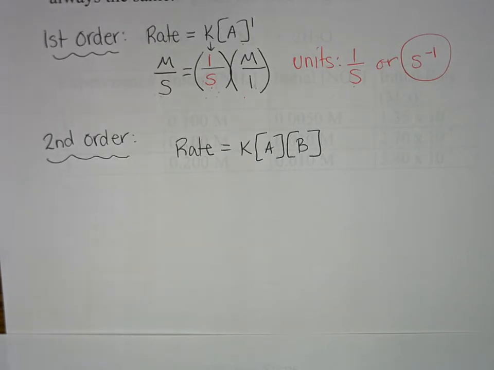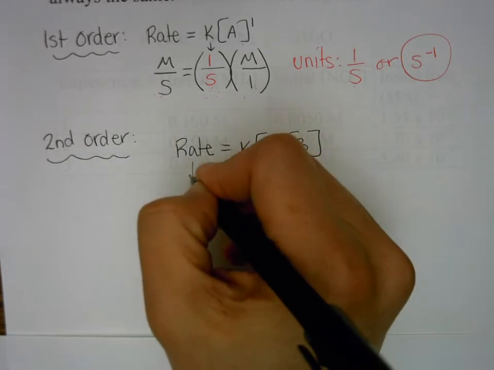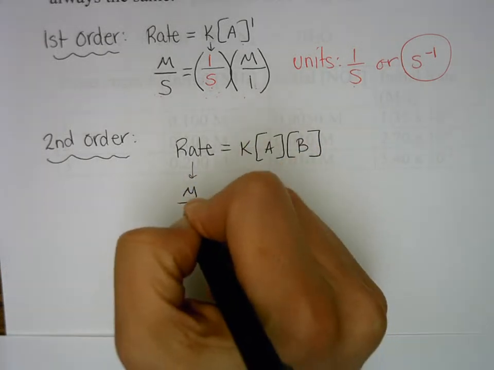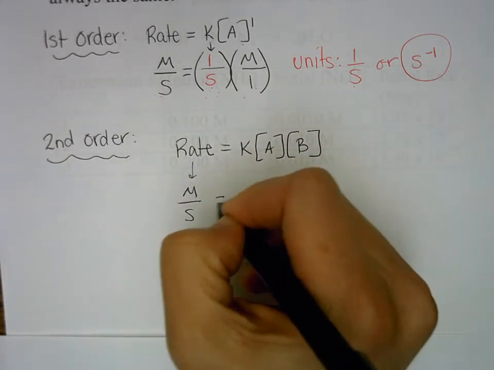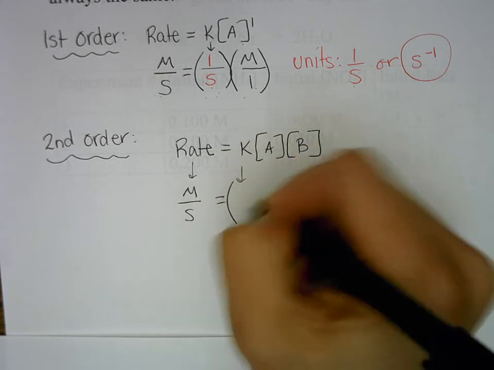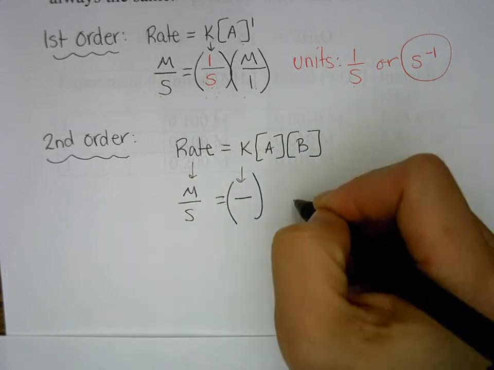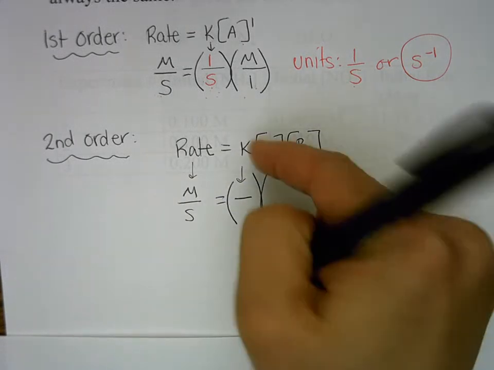I just go through the same process. So my units for rate, molarity per second, equal my units for K, which I'm going to leave blank for right now. Units for concentration of A is molarity.